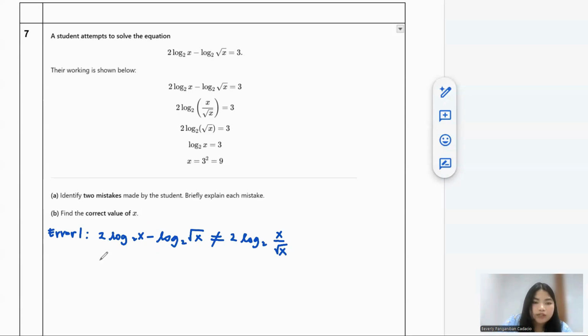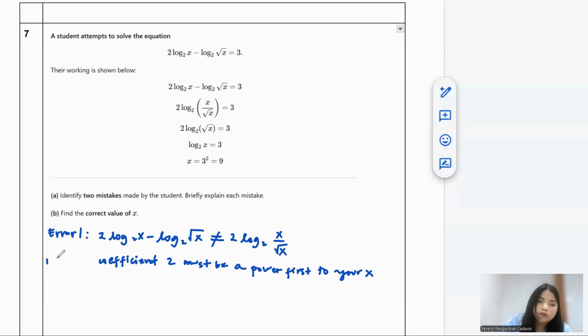So you can say here that coefficient 2 must be a power first to your x.